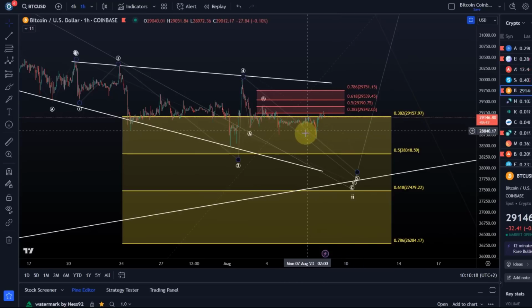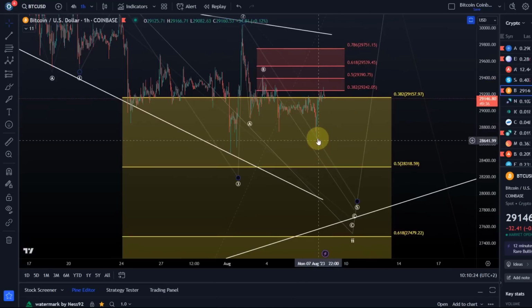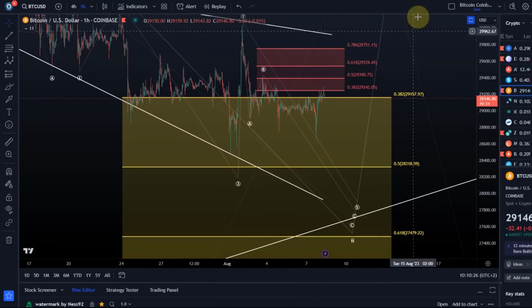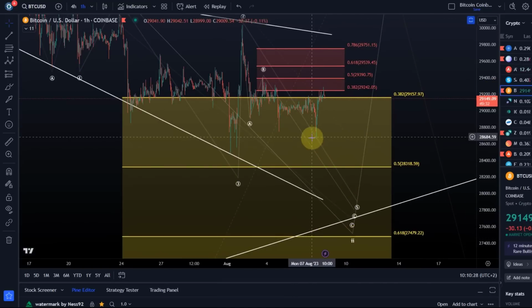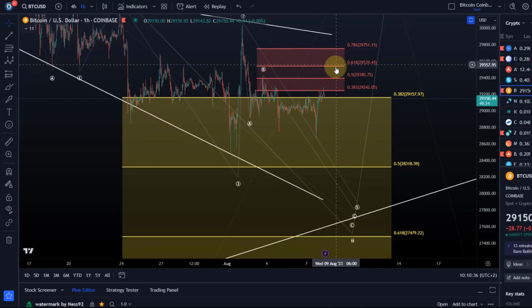And I think it's all about paying attention to the relevant Fibonacci levels and the wave structure to understand when we form a local low, or a lasting low actually, in this wave 2, which could then take us higher. But so far, I haven't got that evidence yet. Short-term higher is always possible. We just need to understand that if it's a corrective rally, it can always come down again. So I'll pay attention to that. I will let you know as soon as possible if I see a low in place.